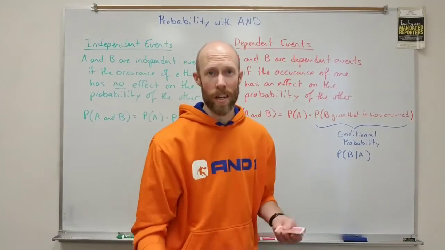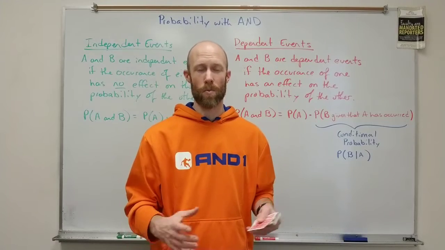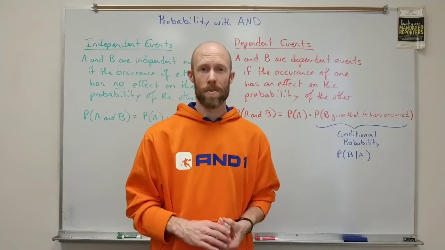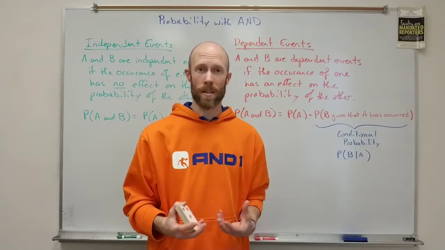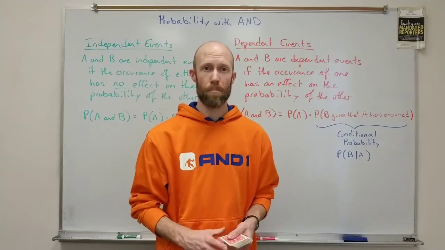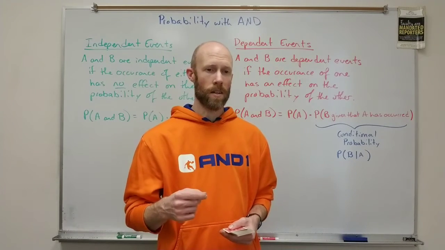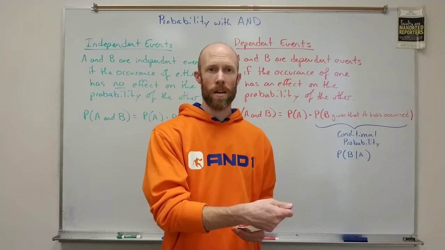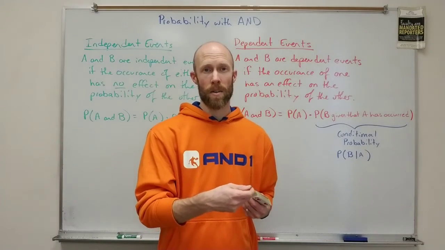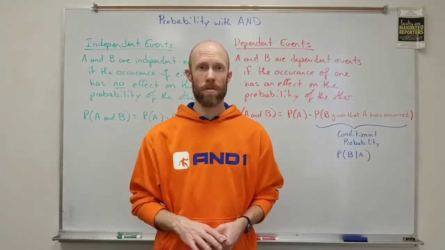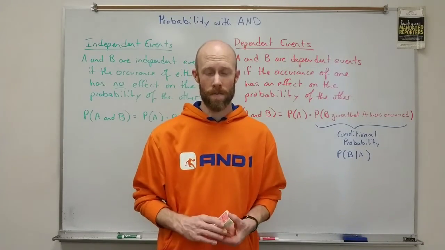It's not a big change, right? It goes down from 52 cards to 51, but it is a change. Some of the changes are more drastic than others, but still, the probability of a later card is dependent upon the cards that were already dealt out. Okay, so those are dependent events.